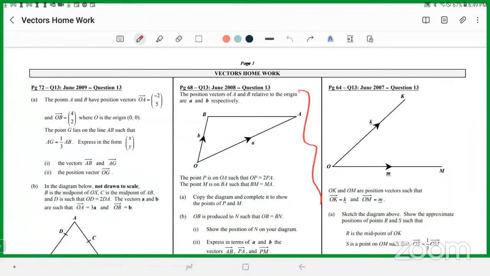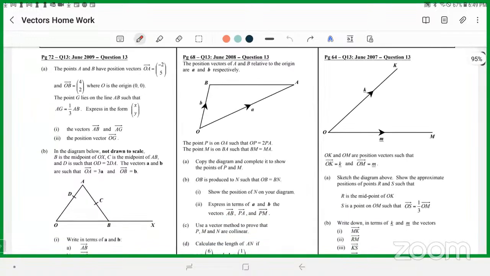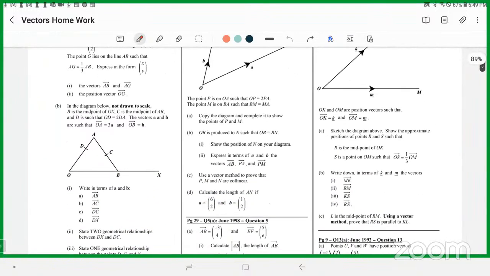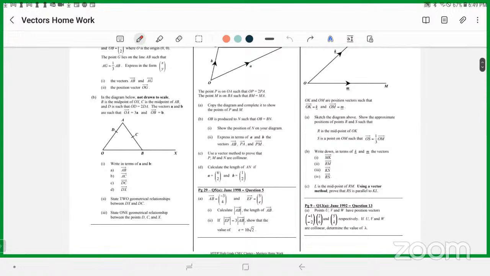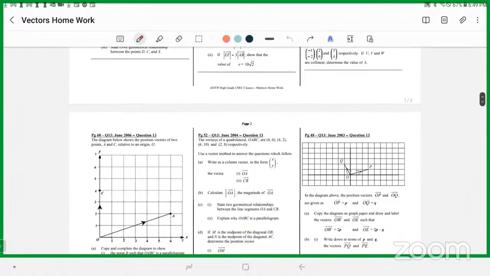Let's do this one now, at least this one asking us about some collinear points. And then maybe we can do this one as well, or maybe tomorrow we'll do that one.